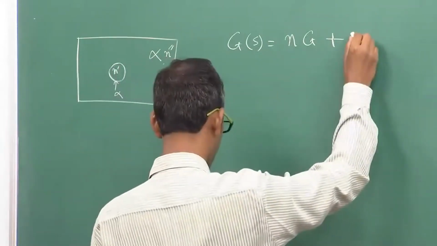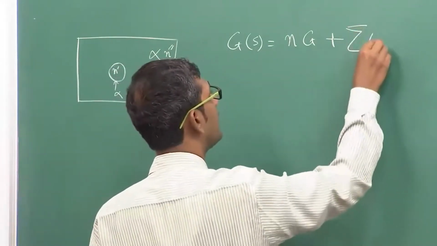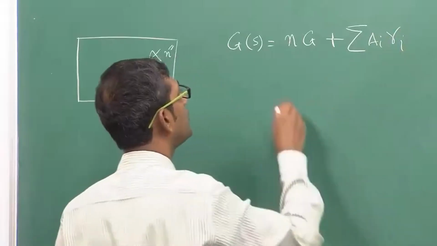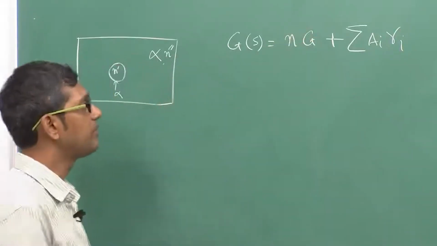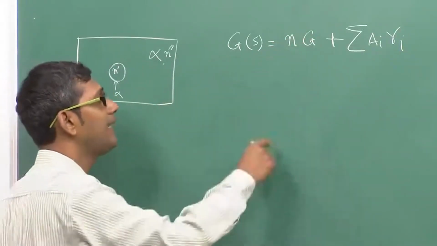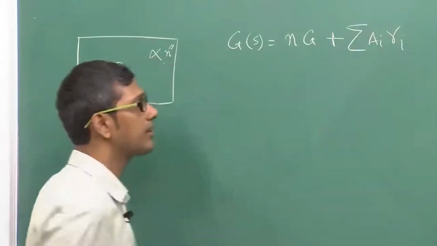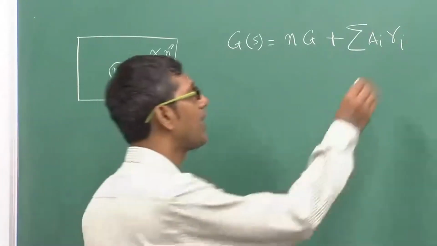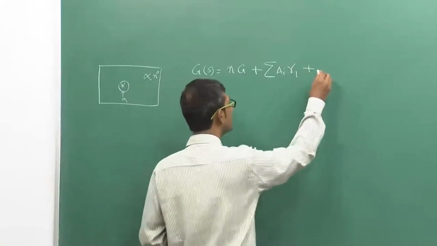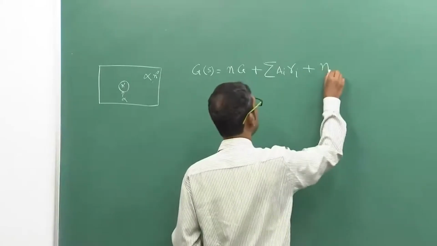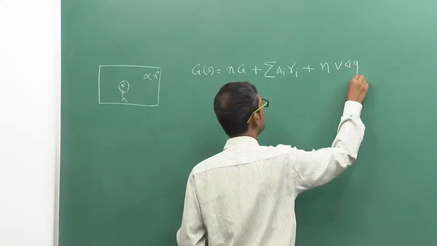So, this is nothing but sigma Ai gamma i. You see, this is the bulk free energy of the system, which is small n. This is for the interfaces, all the interfaces summed together, plus it will have strain energy effects, and the strain energy effect will be n V delta Gs.